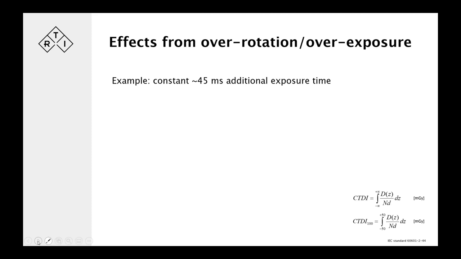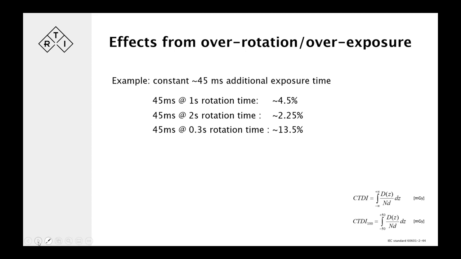Now, if we weren't aware of this, we would end up in a situation where we'd have an additional 4.5% of dose if the rotation time is 1 second. If we have a 2-second rotation time, of course, it reduces the problem by half, and that's a 2.25% error or additional dose, which really shouldn't be there.